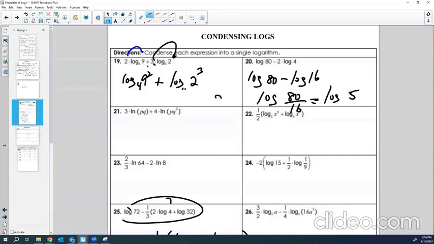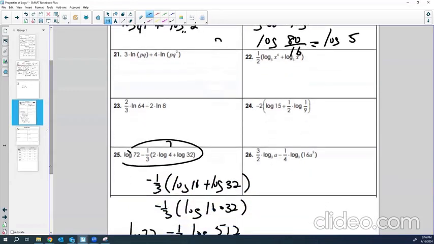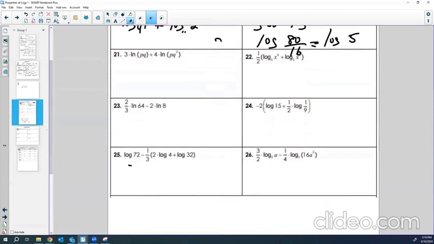Where am I going to start at on number 24? Parentheses. Good job. Okay. So when I combine now, what am I gonna condense first? Exactly. So the 1/2 is gonna go to the exponent, the power.